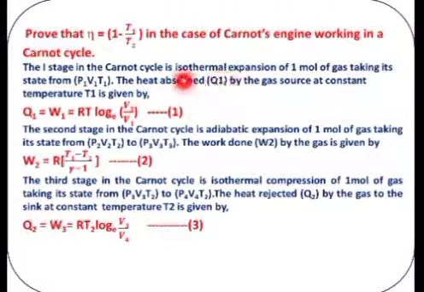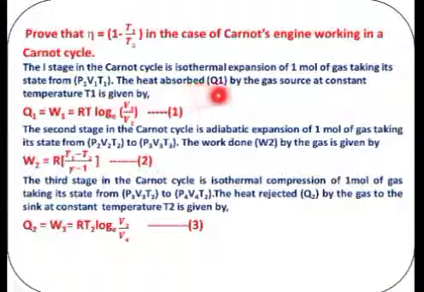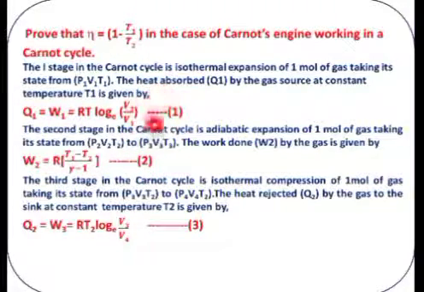Isothermal expansion of 1 mole of gas, taking its state from P1, V1, T1. P1, V1, T1 are nothing but the pressure, volume and temperature. For the first stage, the heat absorbed is Q1 by the gas from the source at a constant temperature T1, given by Q1 equals W1 equals RT log to the base e of V2 by V1. We can call this equation number 1.